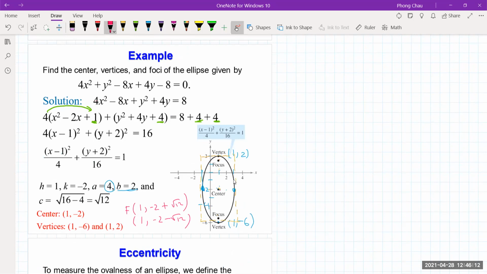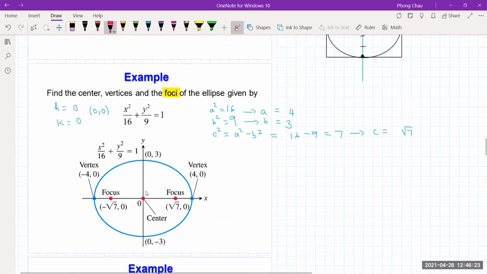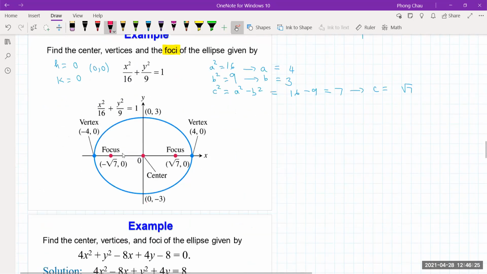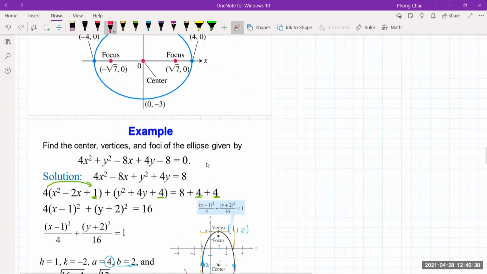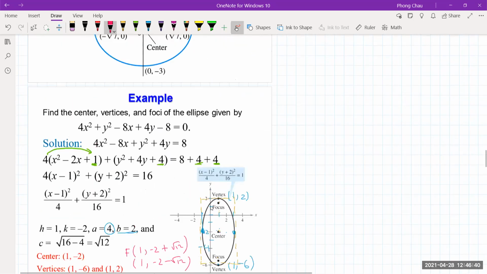Now, one thing you should notice is the ellipse in example 2 compared to the ellipse in example 1. Besides the fact that one is horizontal, one is vertical, you see that one looks more like a circle, not so elongated, while that one looked pretty long, like elongated.